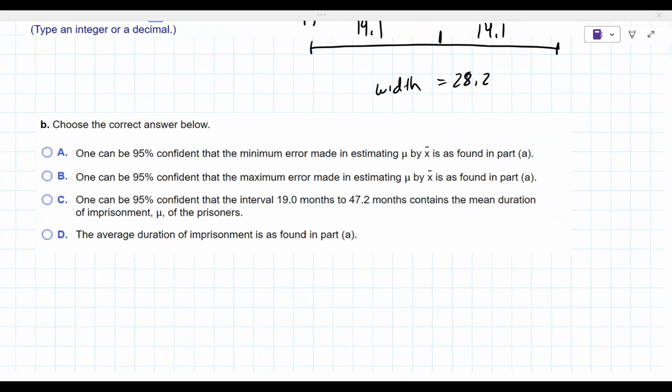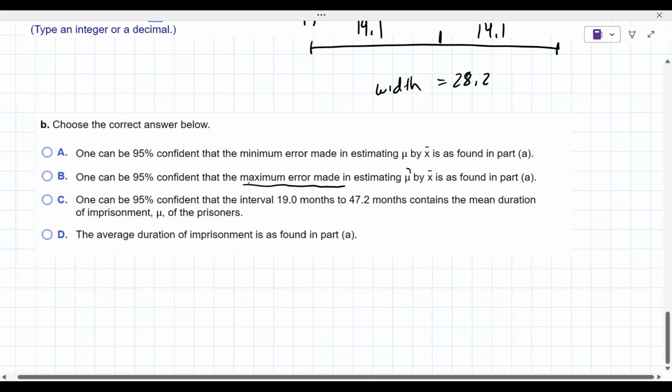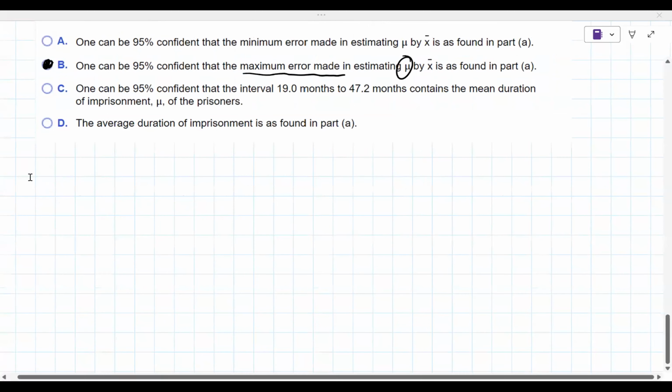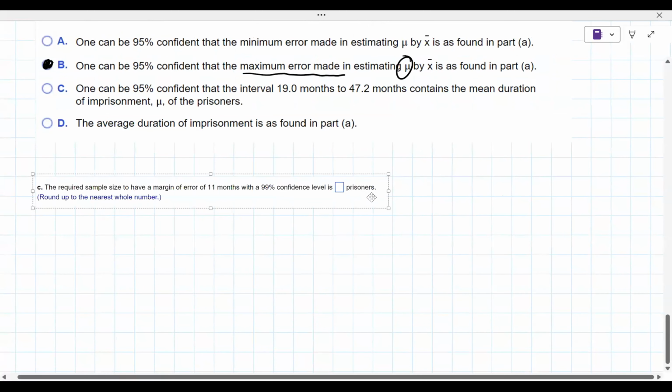I believe the answer is B, because the maximum error is the width, and you're estimating mu. So I don't know. I mean, you said your tests are not like the Pearson. No, they're like how we do in class. Okay. So maybe when we get close to the test, we can work on more of the class problems and we can just work on these here.